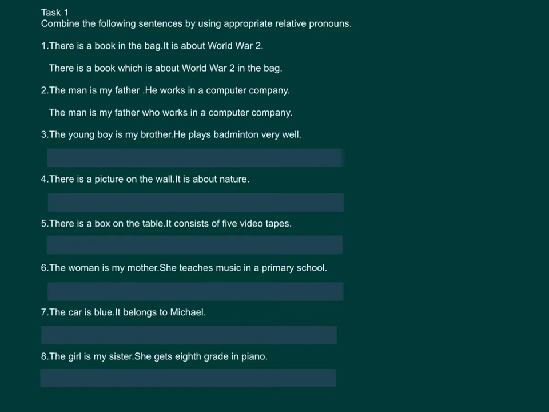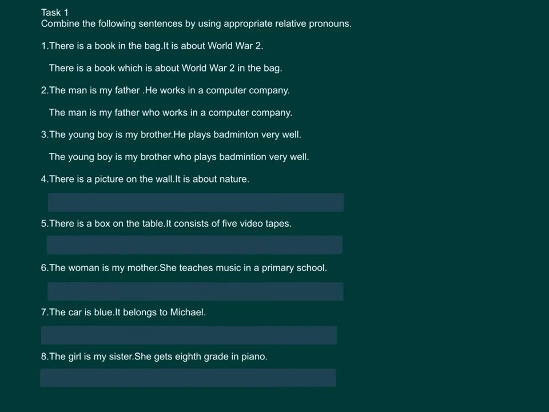Number 3. The young boy is my brother. He plays badminton very well. The answer is: the young boy is my brother who plays badminton very well.